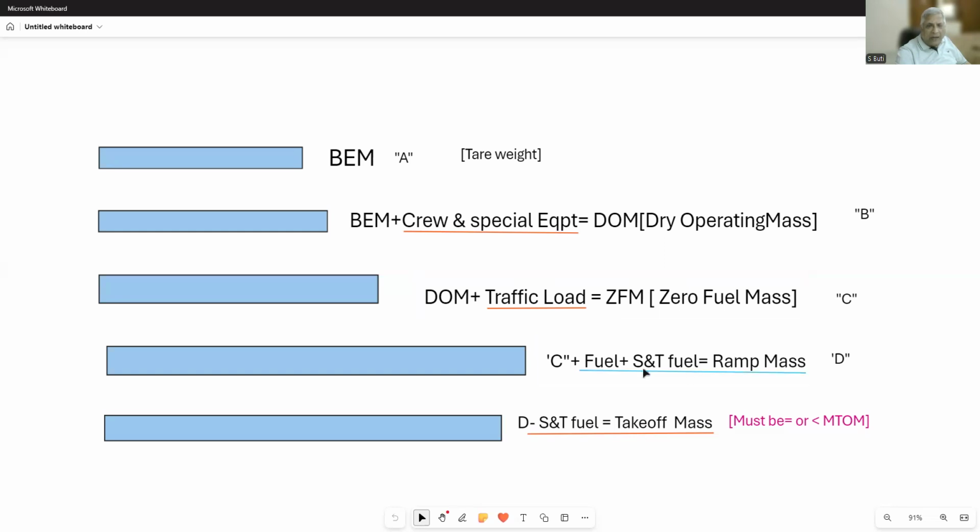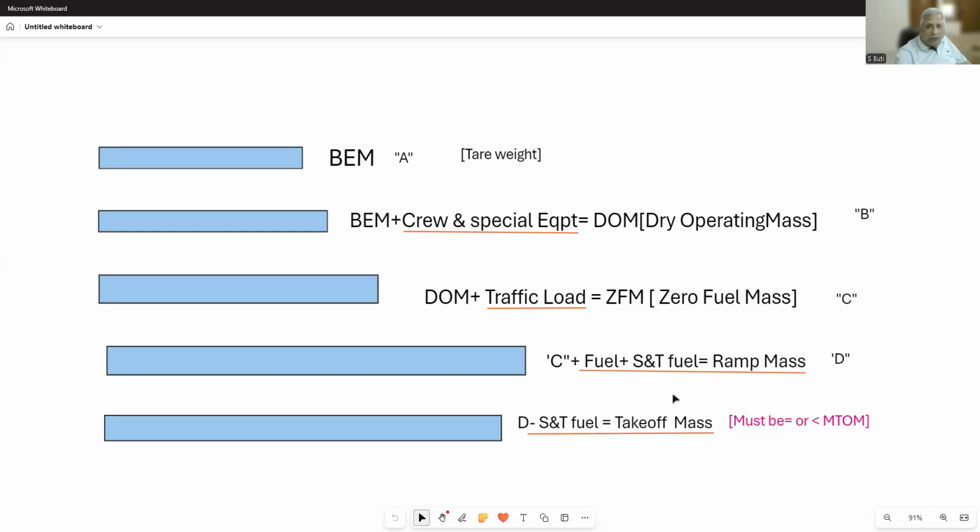Many big aircraft need a lot of fuel for startup and taxi, so they carry this extra fuel, which will be used up before takeoff: the startup and taxi fuel. Now the mass of the aircraft is known as the ramp mass, and the fuel is known as the ramp fuel, also known as the block fuel, also known as the total fuel on board.